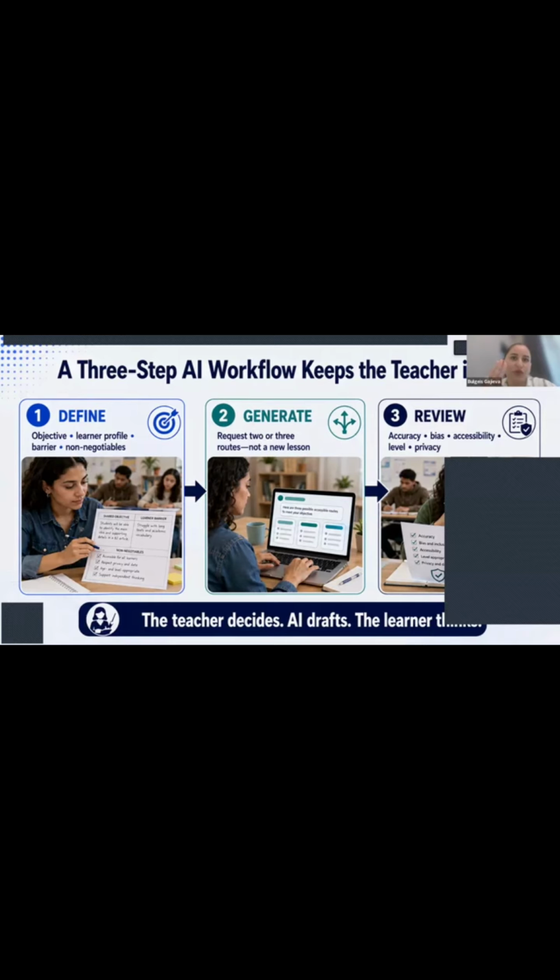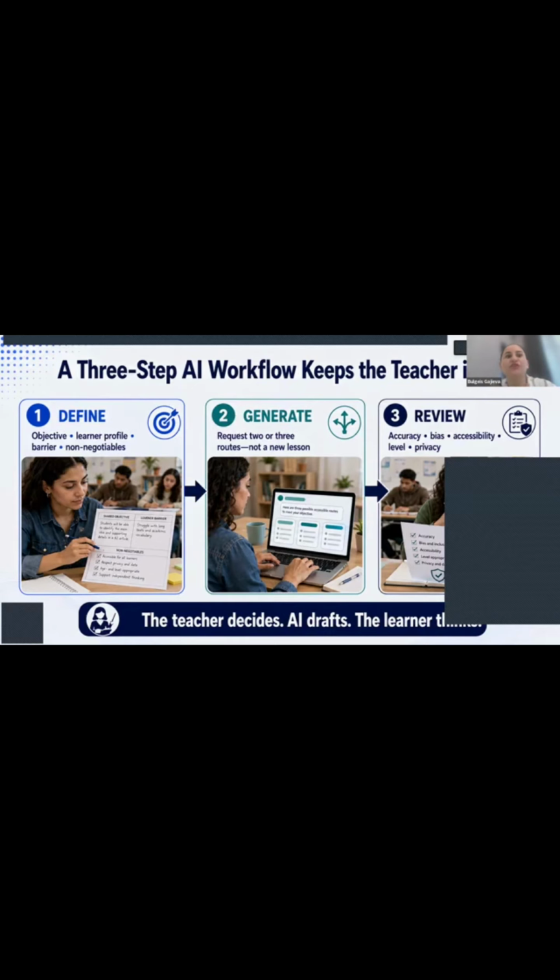I use a simple 3-step workflow when working with it. The first step is defining. Before opening an AI tool, I identify the learning objective, the learner profile, the specific barrier, and the elements that must not change. The third step is reviewing.